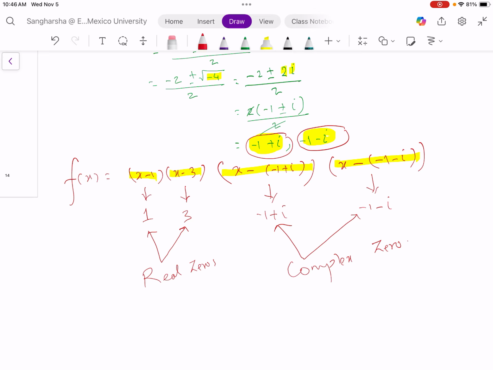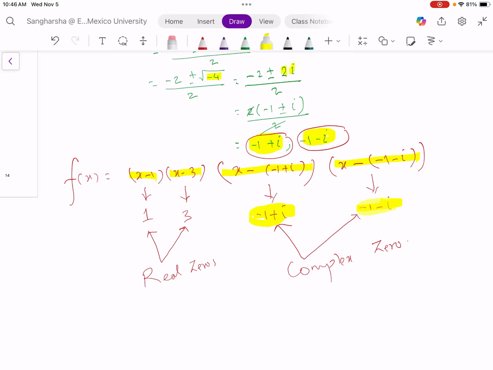Okay, any questions up to here? Now, if you look at those two complex zeros, negative 1 plus i and negative 1 minus i, what kind of complex numbers are those?